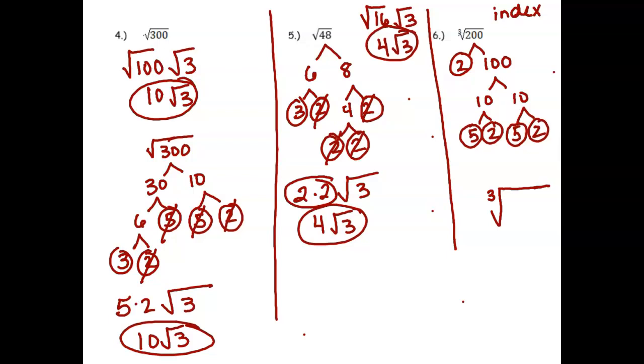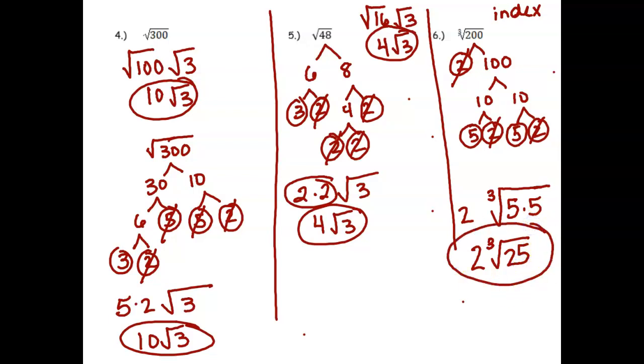That means instead of looking for doubles, I'm looking for triples. My triples here would be: I've got a triple, 1, 2, 3, three 2s. So I'm pulling a 2 on the outside, and what's left over on the inside would be 5 times 5 because I can't get a triple of the 5s. So for number 6, I would end up with 2 cube root of 25. That would be my final answer.